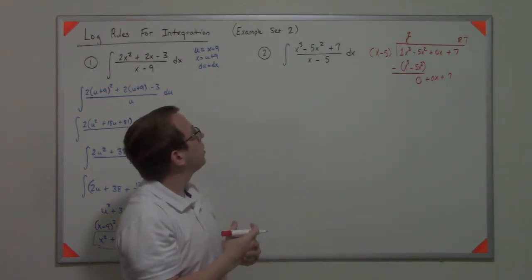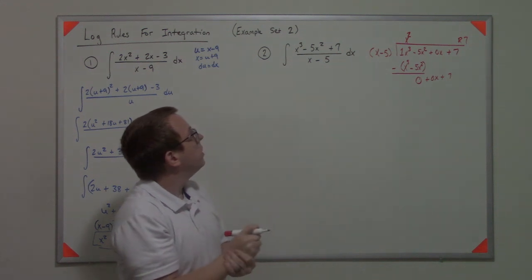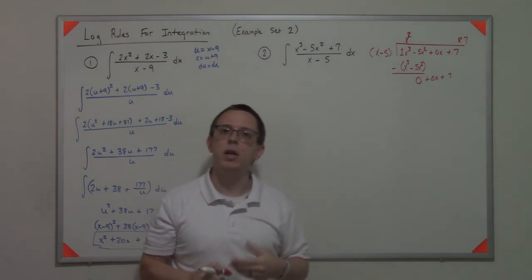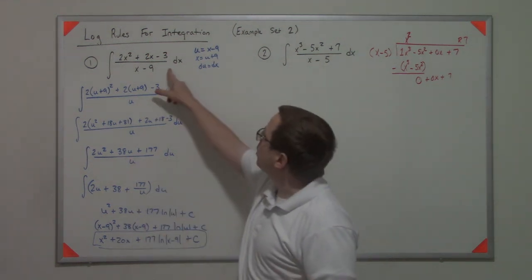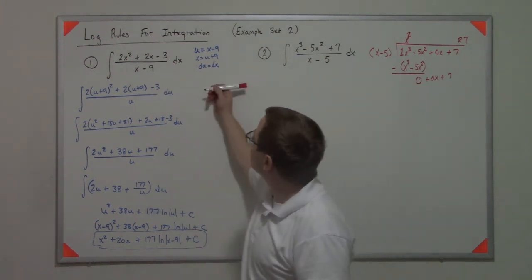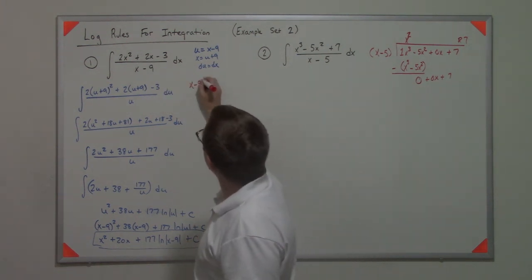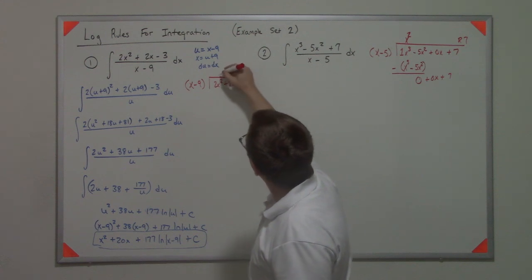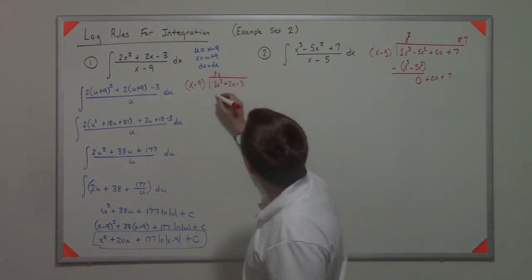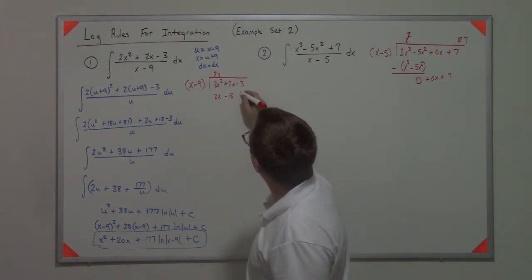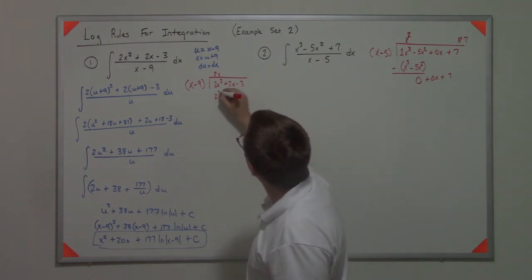In this particular case, there is a way I could have done this that's a little cleaner. In the first problem, if you do x minus 9 into 2x squared plus 2x minus 3, you end up with a 2x, so that becomes 2x squared minus 18x.